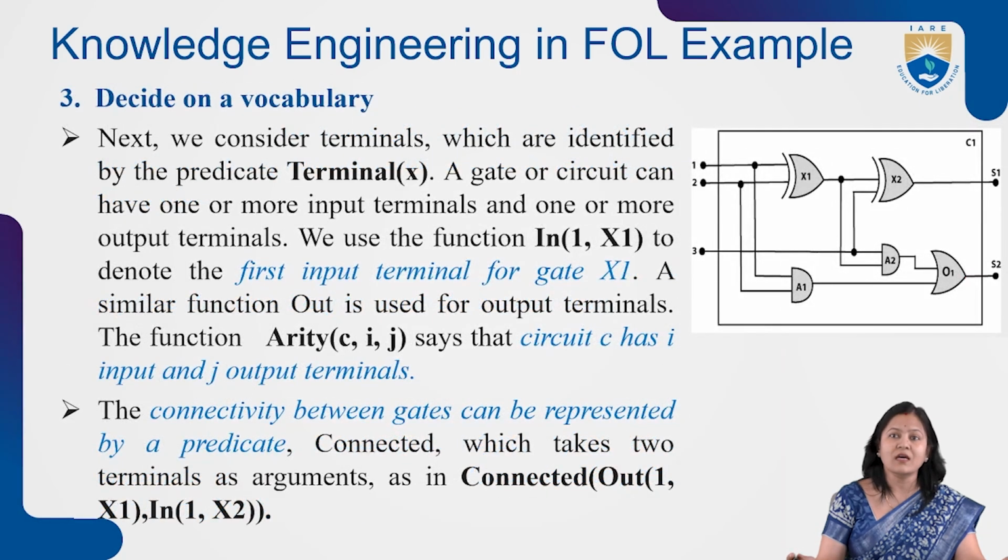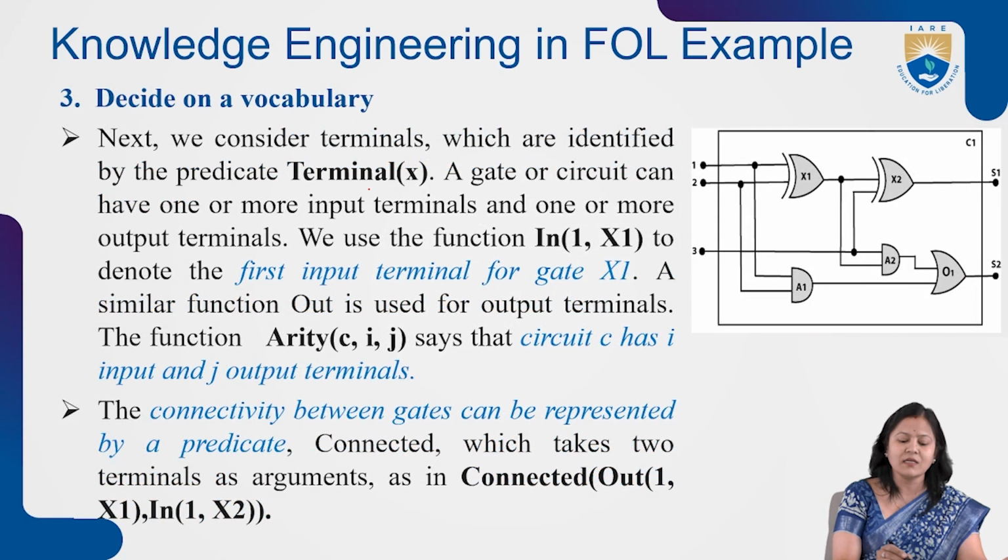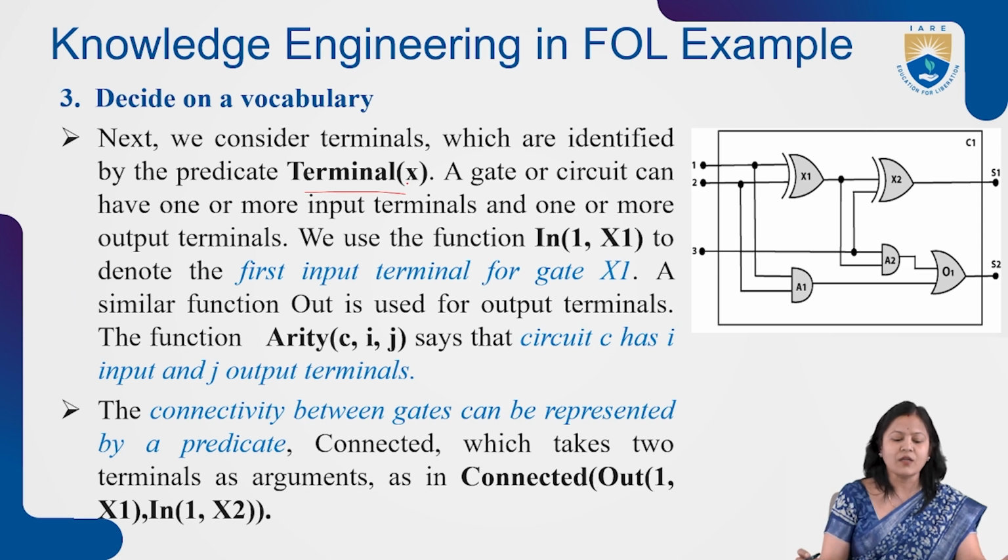Similarly, a few more things are there. Now we have to consider the terminal. Terminal means either an input terminal or an output terminal, and terminals are identified by the predicate terminal. So the name of the predicate is terminal.